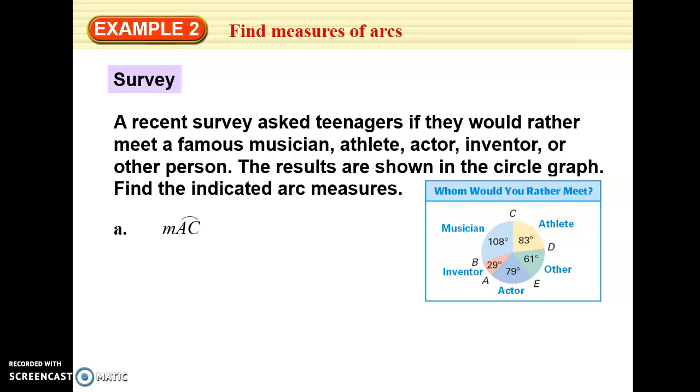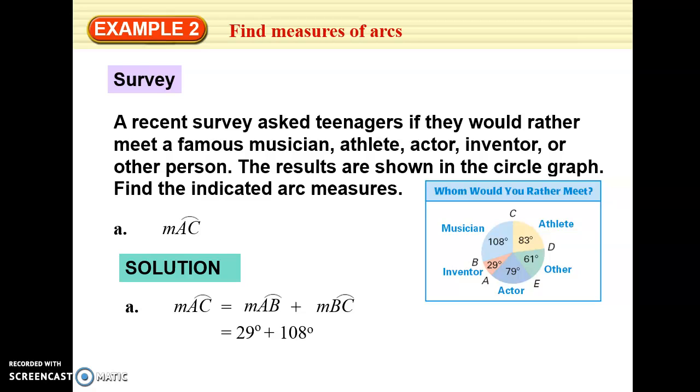Now, the first question is, what is the arc AC? AC in this situation is A to C. Now we have information. We have B to C and A to B. We only have to add this result, AB plus BC, that will be 29 plus 108, that will give us 137. That is the first result.